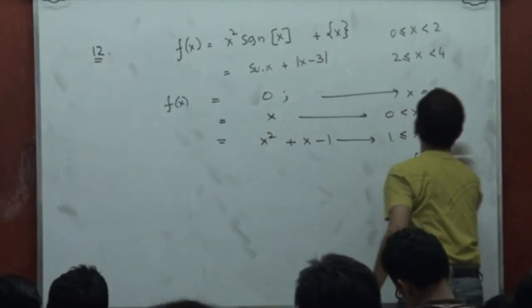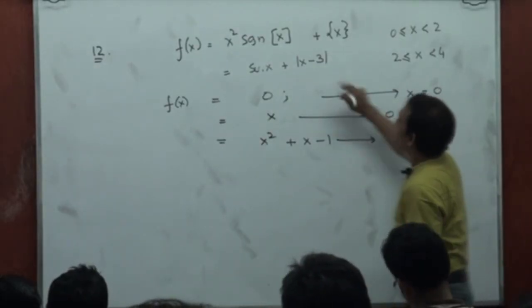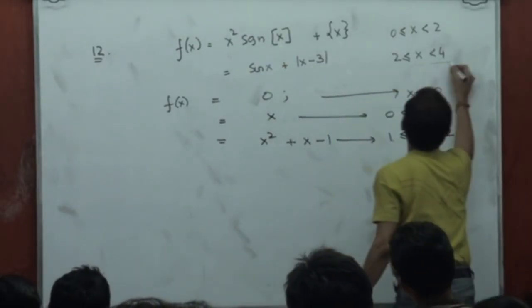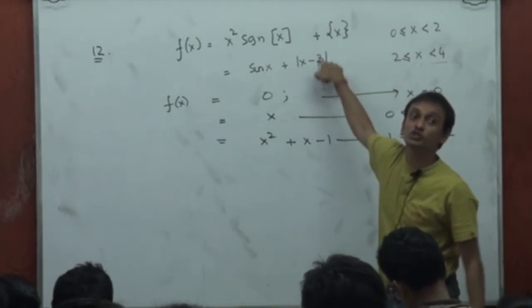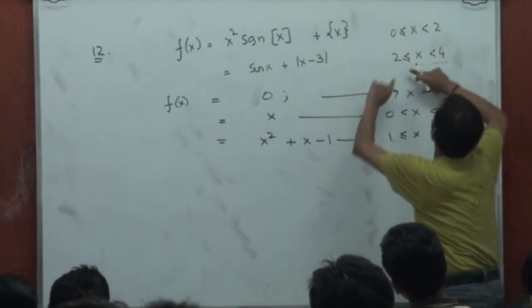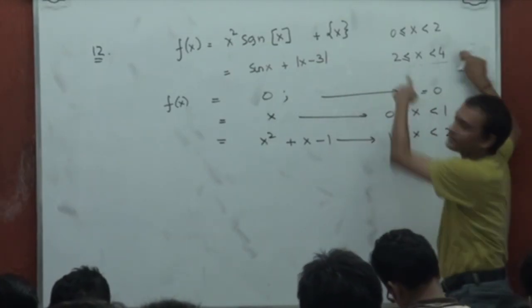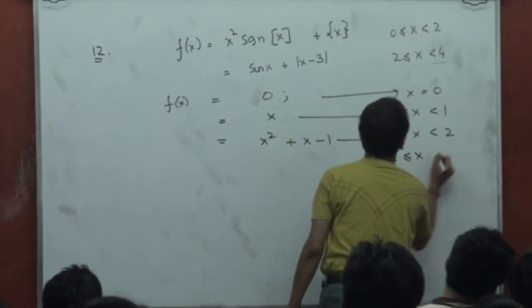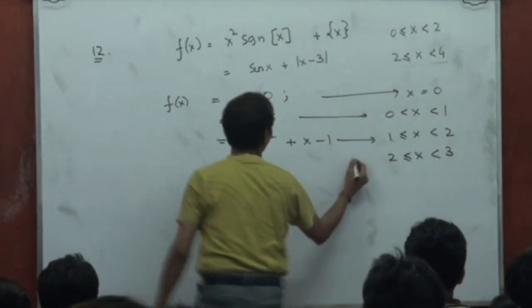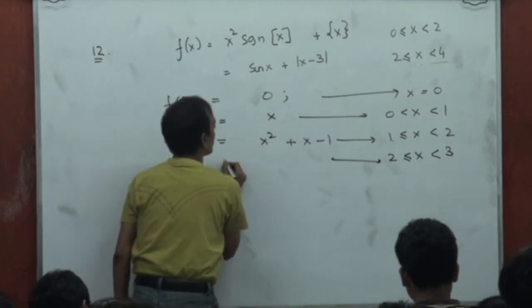Now the next line of description. See, sin x in this interval has no point where it changes behavior. But mod x minus 3 changes behavior at x equal to 3. So break this interval into 2 to 3 and 3 to 4. That's going to be sin x.